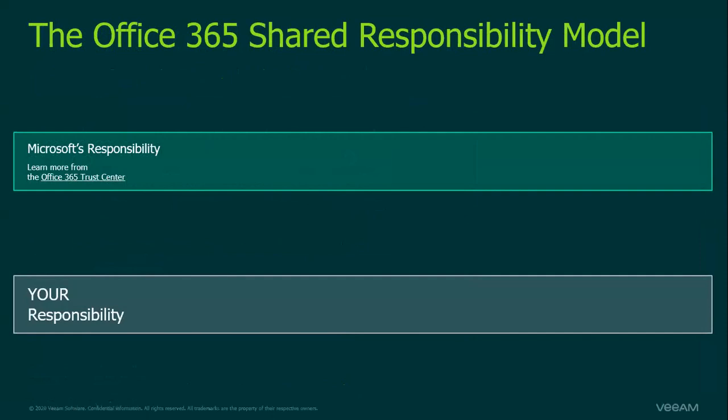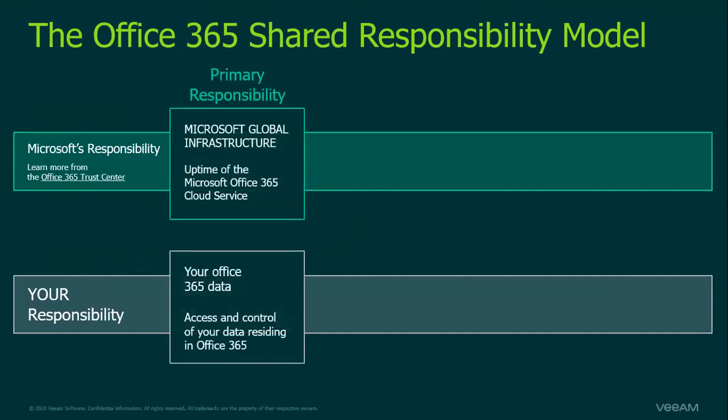Now, when it comes to responsibility, there are two types when you sign up for an Office 365 tenant from Microsoft. One is Microsoft's responsibility, the second is your responsibility. Microsoft's primary responsibility is to make sure that the uptime of the Microsoft Office 365 cloud services is available, meaning you'll be able to reach the URL and browse the services.